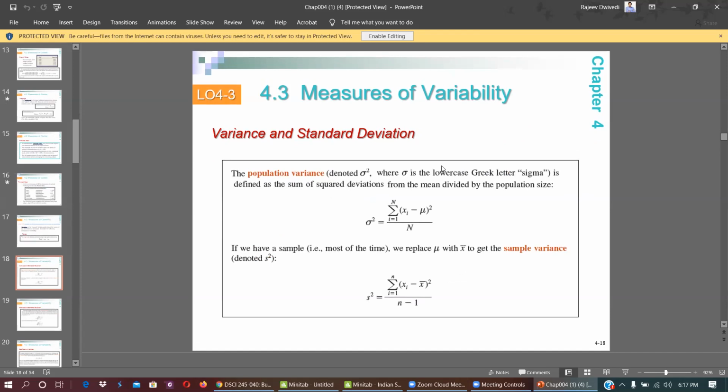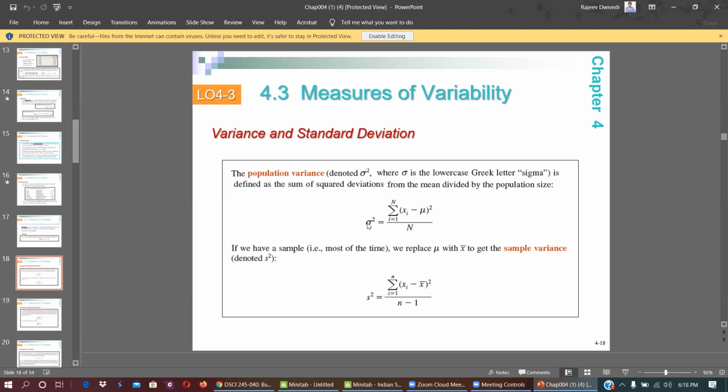Now, a very important concept, which is called standard deviation or variance. If you have studied this in your past classes, let me explain this very simply. What is standard deviation and what is variance? See, sigma square is variance, and the sigma value is here.